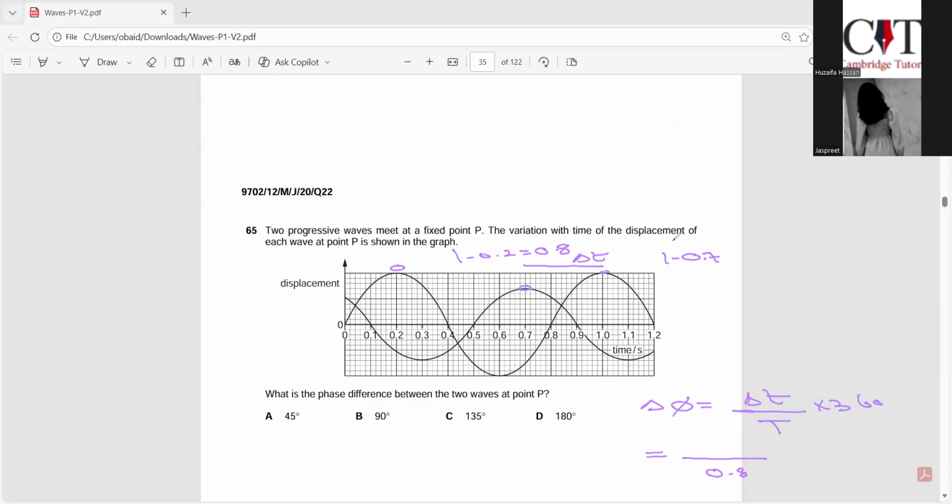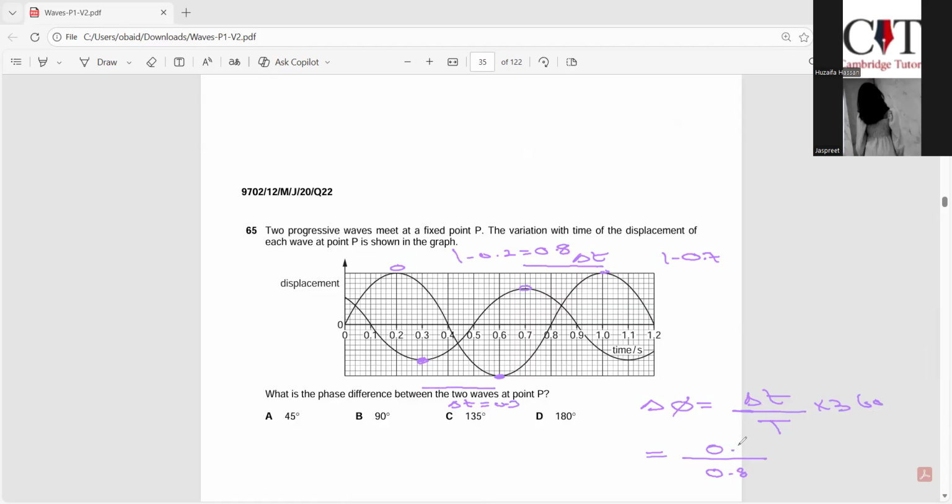Okay. Is it clear now? Yes. Or you can take this one and this one, consecutive, so it is also coming 0.3. So it's up to you. You just have to take two consecutive crests or troughs of two different waves. That's it.